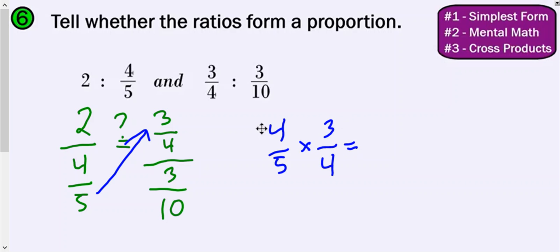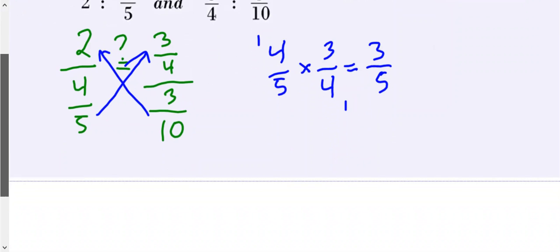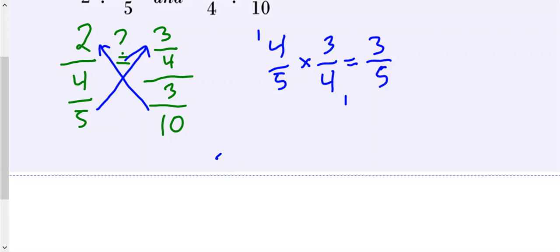We can cross cancel by dividing by 4, which leaves a 1 here and a 1 there. We get 1 times 3 is 3, 1 times 5 is 5. So that cross product is 3/5. Then we'll do the other side: 2 over 1 times 3 over 10.